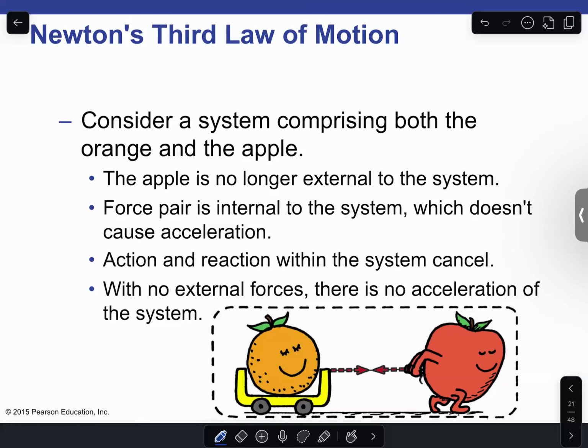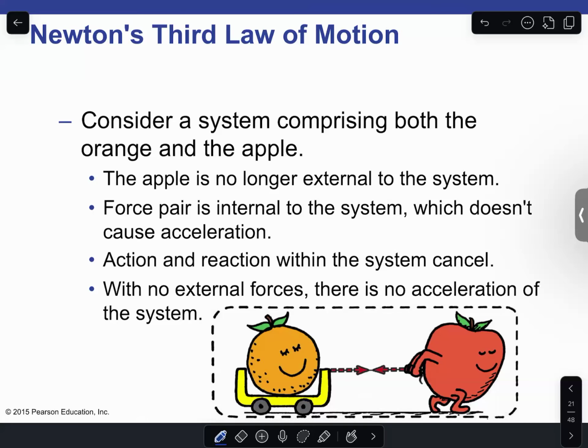If you do this, imagine doing this on ice skates in a cart. Are either of you going anywhere? I might pull Nalo to me. I might pull myself closer to him, but we're not moving anywhere. So the internal force can rearrange the objects about their common center of mass, but the force I care about here is external forces, my traction on the ground. With no external forces, there's no acceleration of the system.